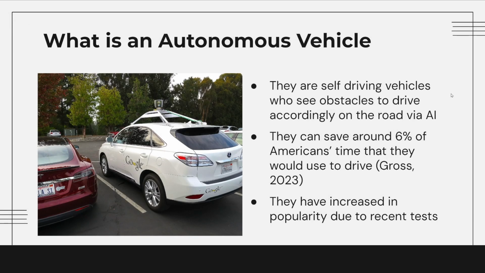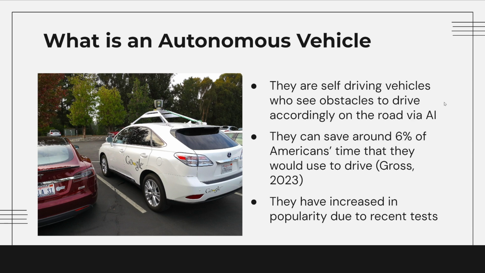So, autonomous vehicles use object detection to see which things are in their path and drive accordingly. So, this means that object detection is just one of the AI used in self driving.